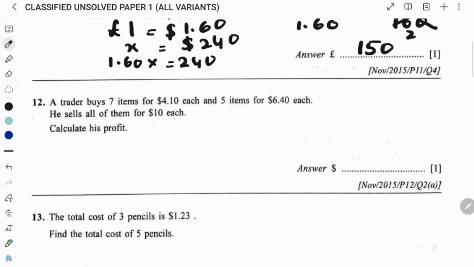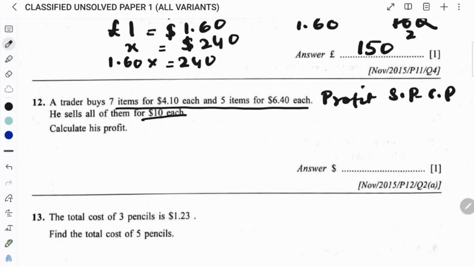Calculate the profit. First of all, we find out how much the cost price is. Buys means that for finding the profit, you will have to find the selling price minus the cost price. Sell at 10, but we need to find the cost price first. In profit, obviously we'll have the selling price more.